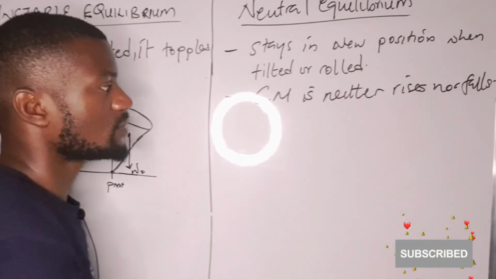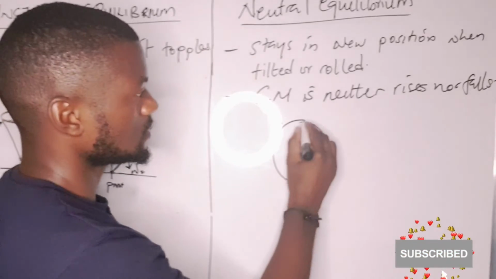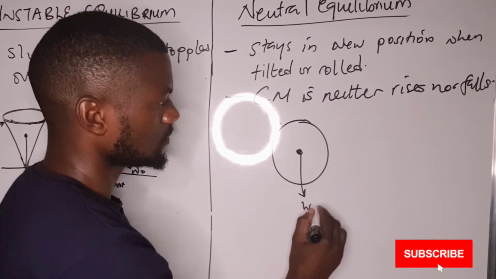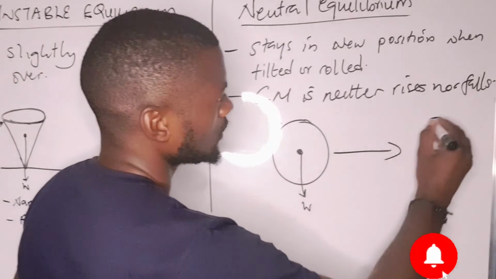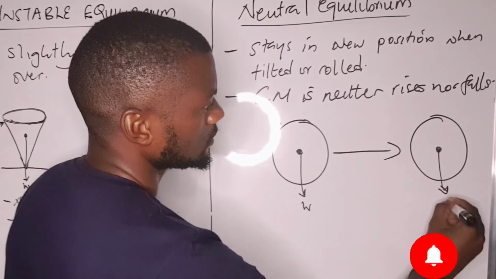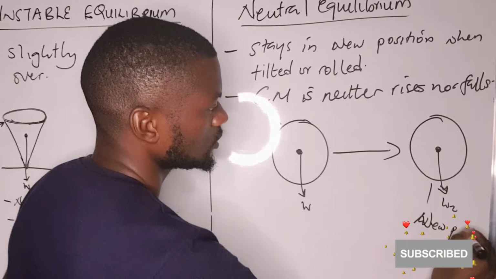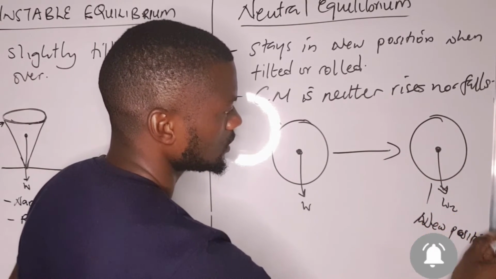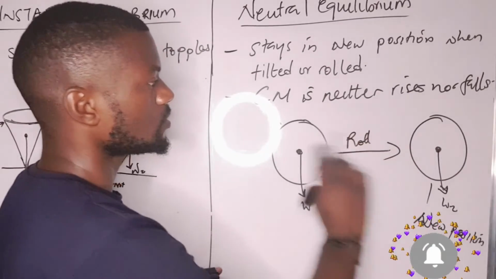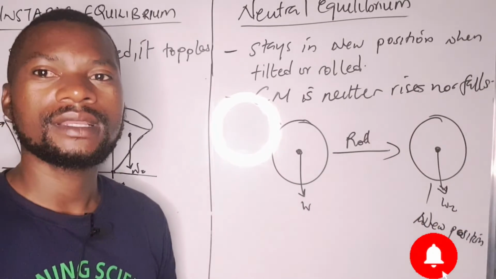For example, if you look at this object here, which is a ball with its center of mass there acting downwards. So if you roll the ball, you'll find that it is going to maintain its center of mass, which will be acting downwards there, but it will still maintain the new position, to stay in its new position. So when you roll the ball over to that other point, the center of mass will still remain the same.